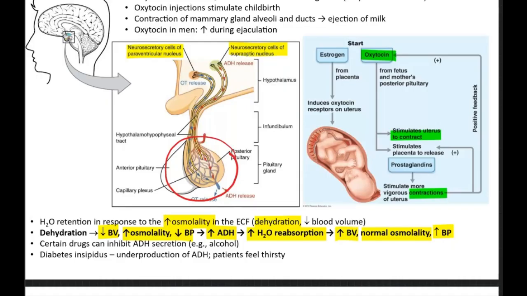You are producing a very small amount of urine, and it's concentrated because all the water is being taken out from the urine back into the blood. So the volume of urine decreases while the concentration increases. There are drugs that inhibit the actions of ADH. Most notable of those is alcohol.